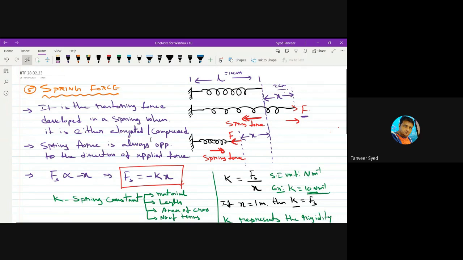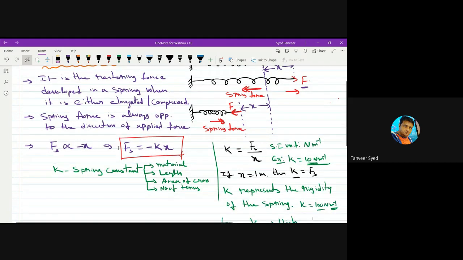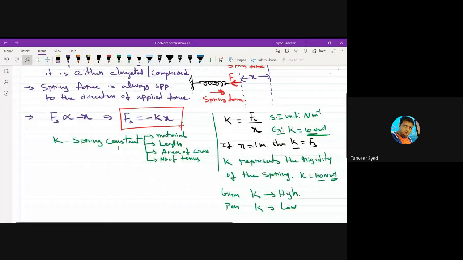Friction, depending on the surface, the opposition to the relative motion between two bodies over each other, you call it friction. And spring force, whenever a spring is elongated or compressed, a restoring force, spring force, is developed in it, which is given by F is equal to minus Kx.